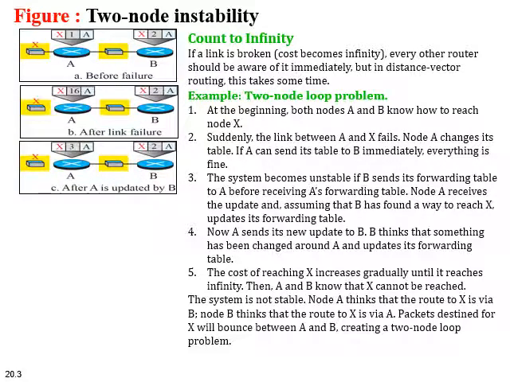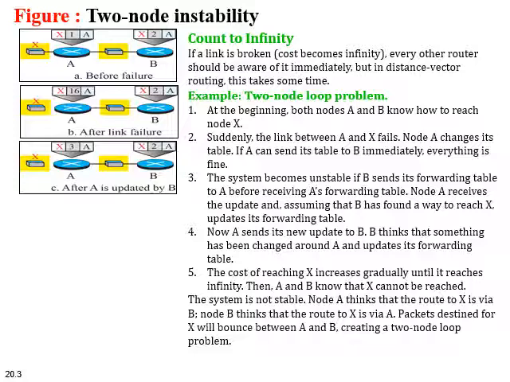The system becomes unstable if B sends its forwarding table to A before receiving A's updated forwarding table. Node A receives the update, and assuming that B has found a way to reach X, updates its forwarding table.